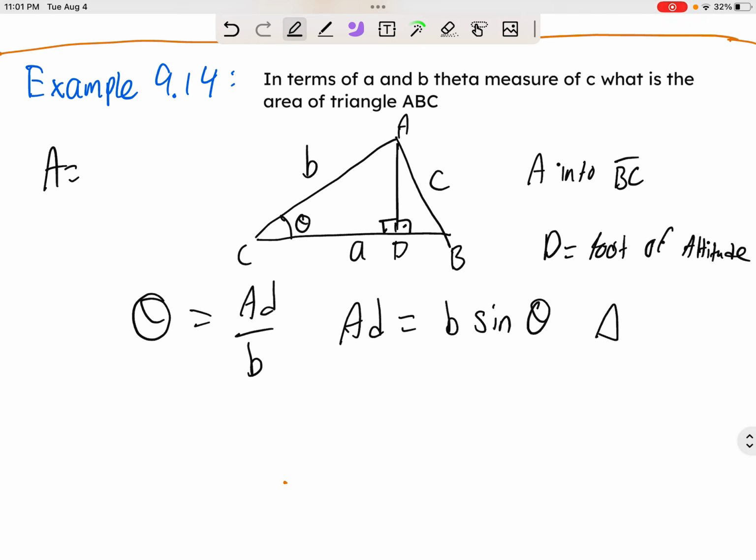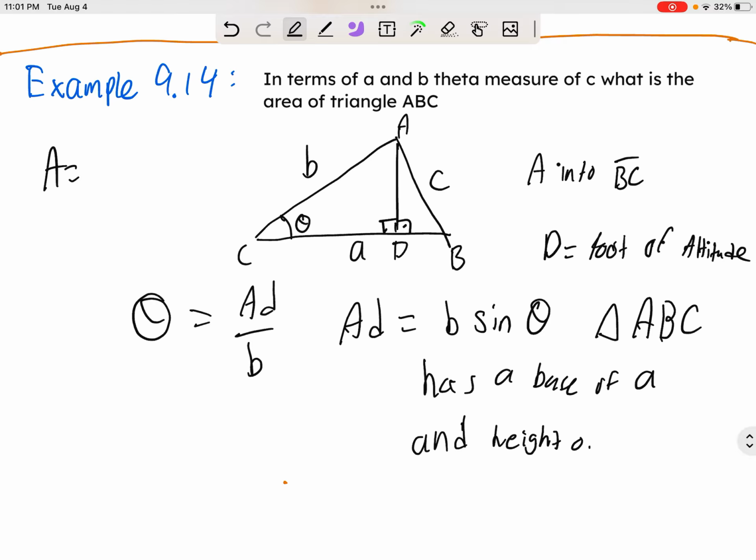Therefore, the triangle ABC has a base of A and a height of B sine theta.